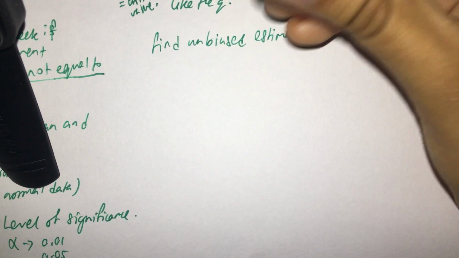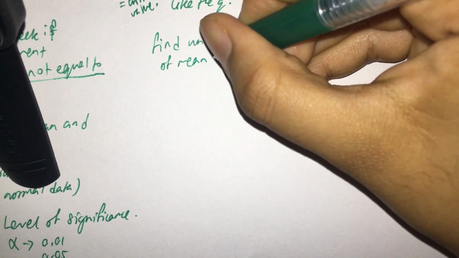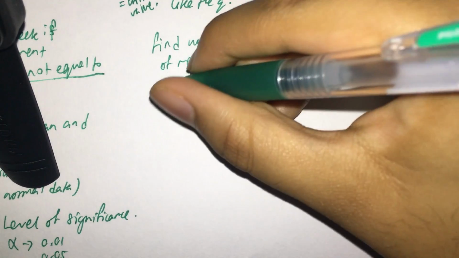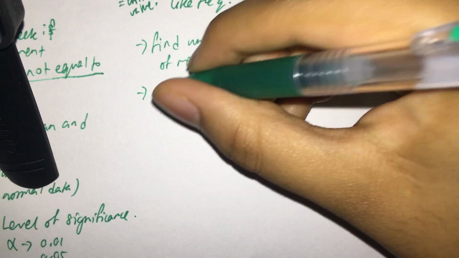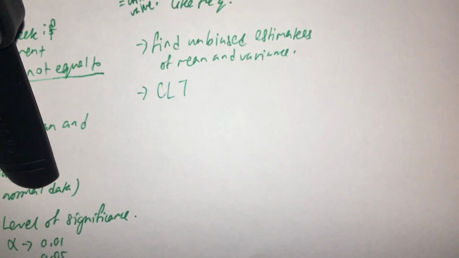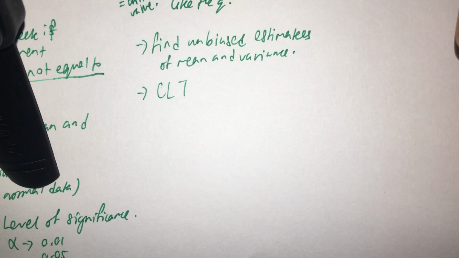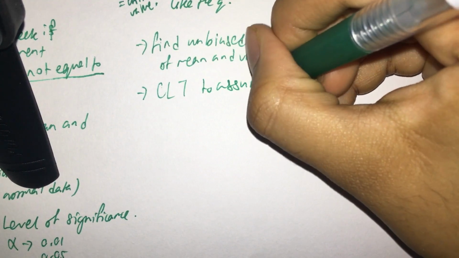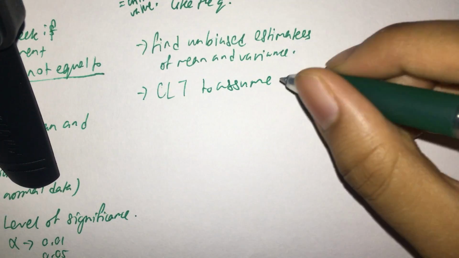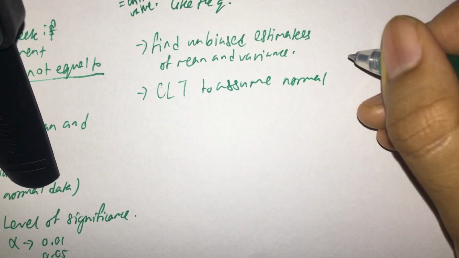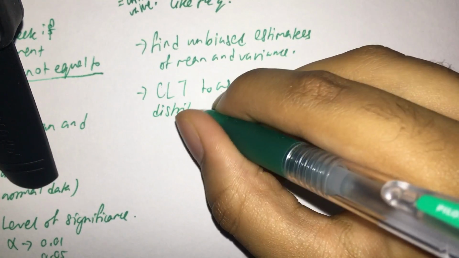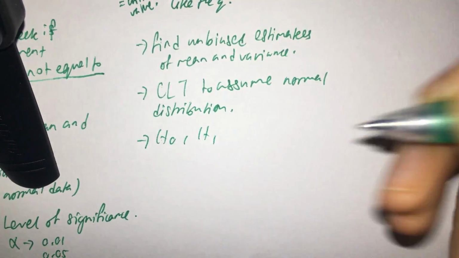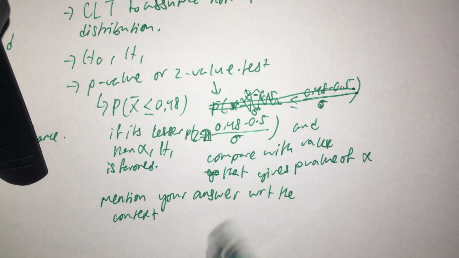And you also need to state the CLT, the central limit theorem, especially if the data is not normal, like a sampling kind of data, then you must mention it, so that you can assume normal behavior for that data. And once you've done all of that, you can start with your hypothesis testing. You must write down your null hypothesis and your alternative hypothesis, and from there you can then do the test.